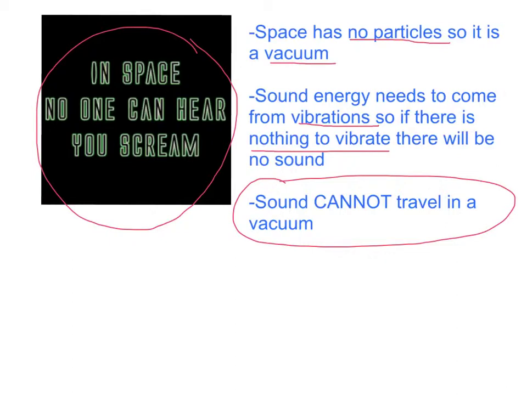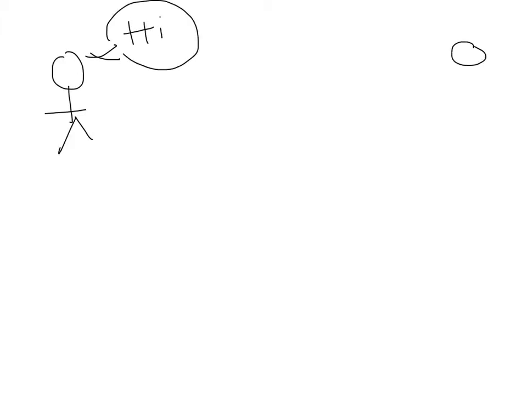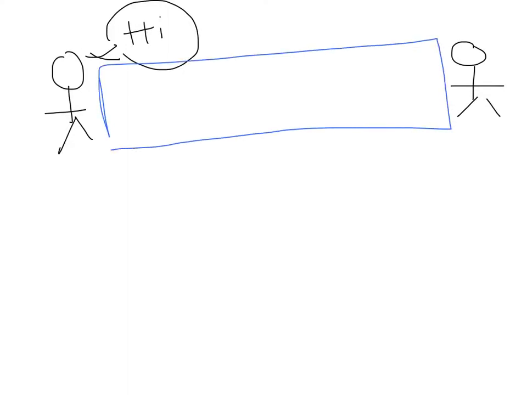Now, if we have a look, let's say we've got a person speaking, and there's another person listening on the other side. The space that the sound needs to travel through is called the medium.